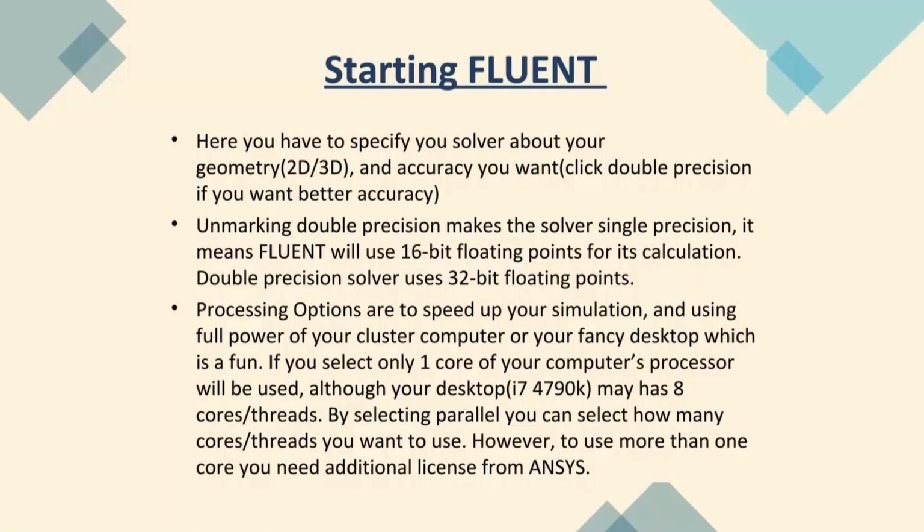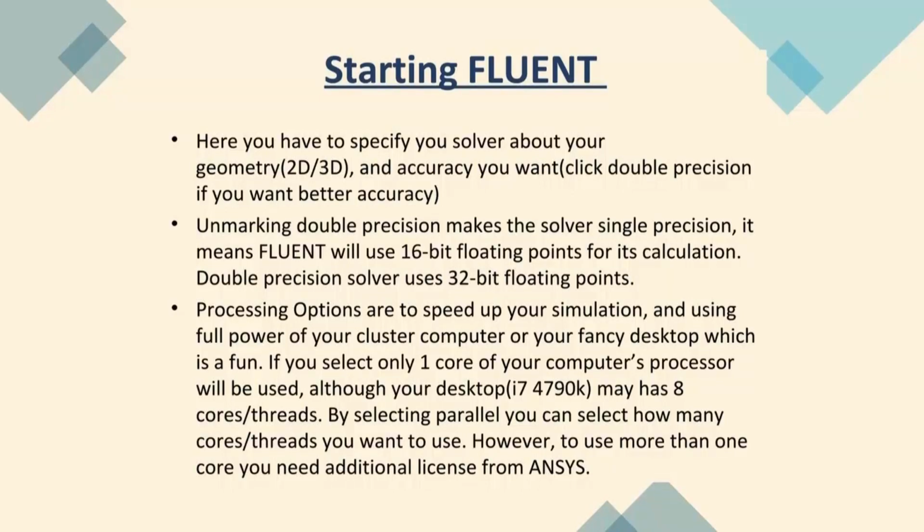So here you specify your solver about your geometry, 2D or 3D, and the accuracy, like tick the double precision or the single precision, which one you want, and then unmark the double precision if your solver is single one. Single precision is 16-bit floating points, and double precision is giving 32-bit floating points. So the processing options are to speed up your simulation and use the full power of your cluster computer.